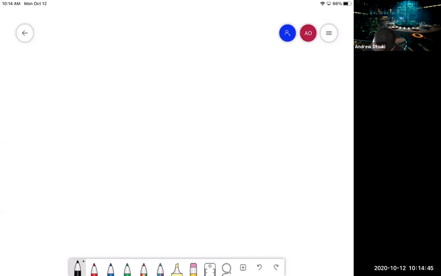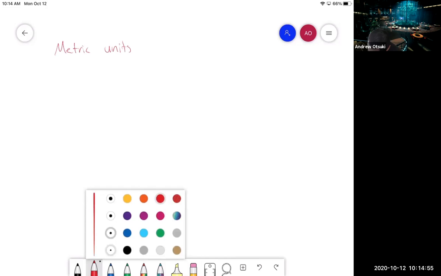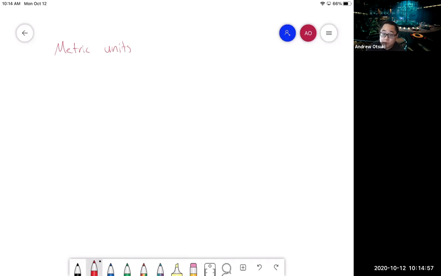Anyway, so metric units. Let's talk about metric units. These units are identified by prefixes. So we have something called a basic unit.